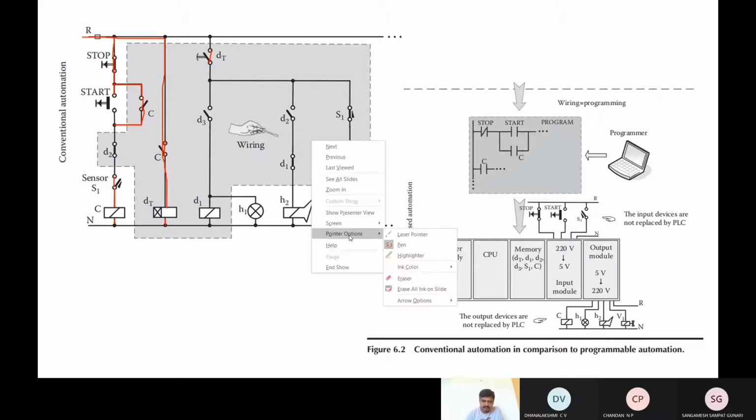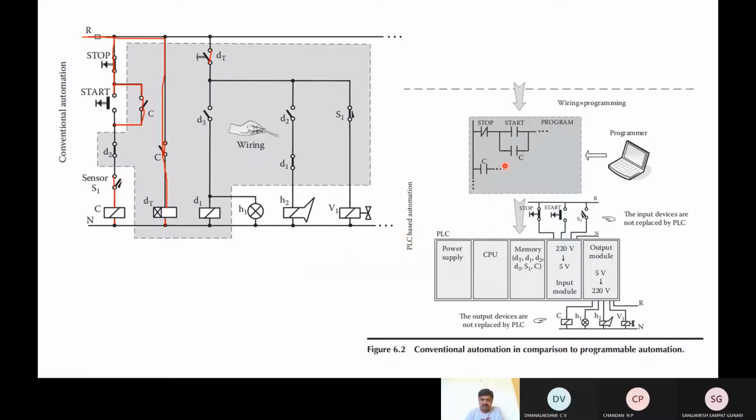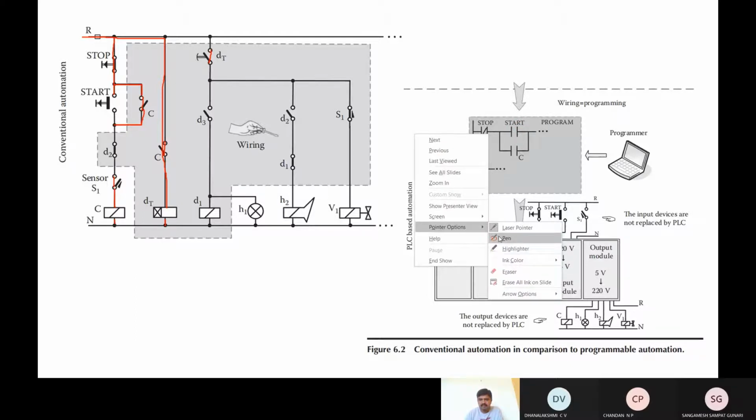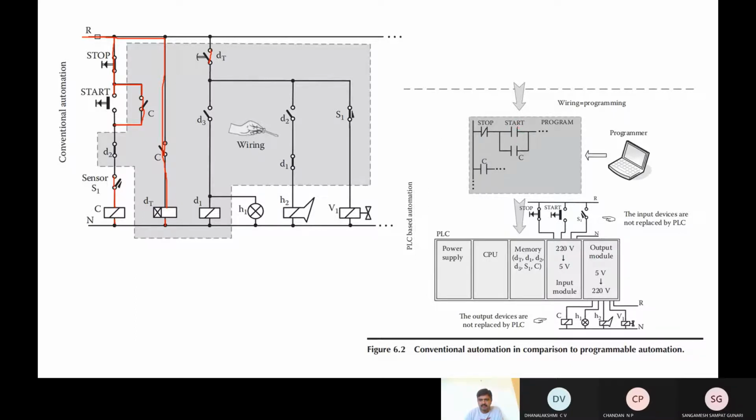Now, if you make use of ladder logic programming in the PLC, it is the same logic. This is a closed contact and this is an open contact. If you press start, this will also become closed.